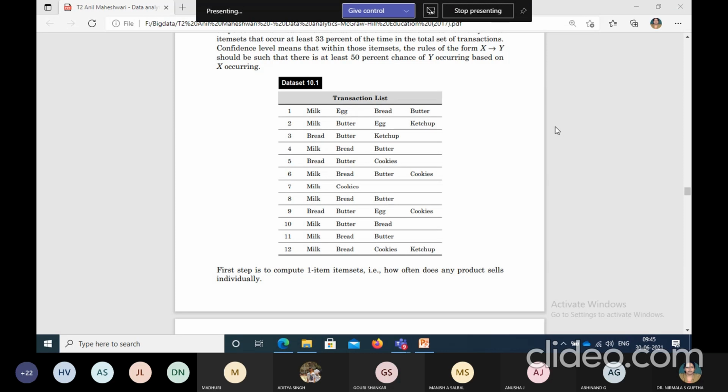Now the first step is to compute the one item set, that is one item from the item set. That is how often any of these products sell individually.